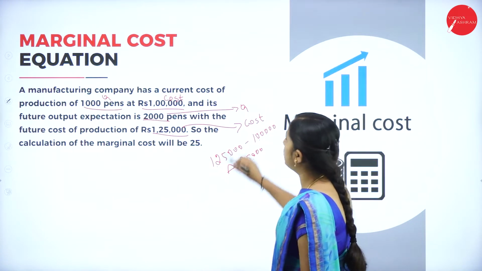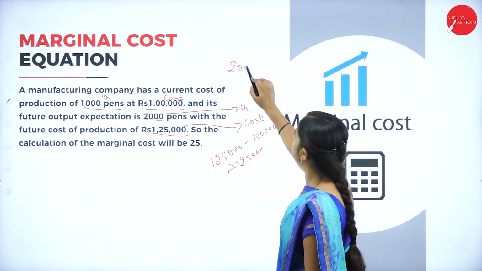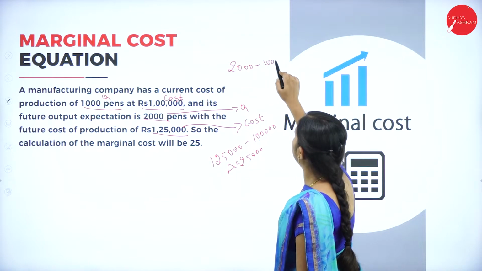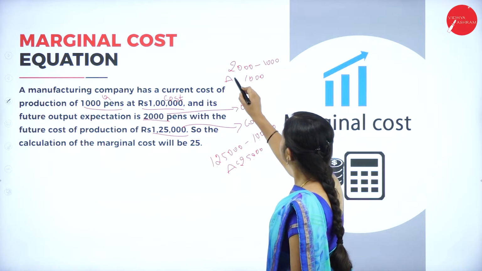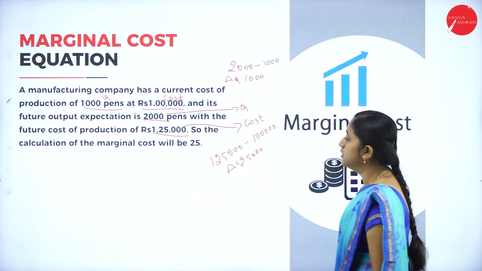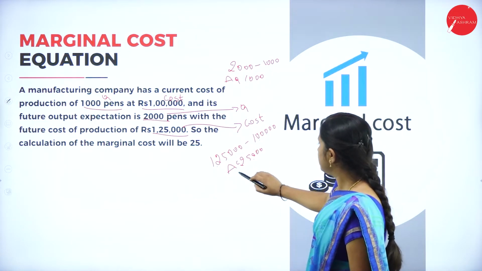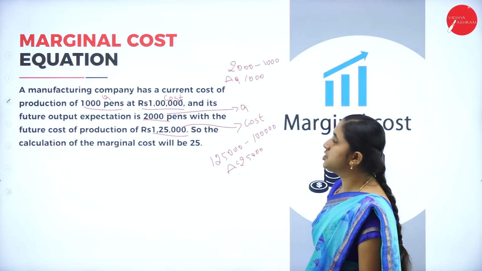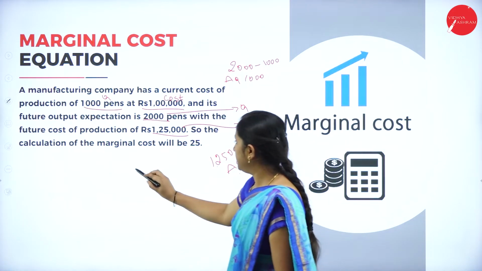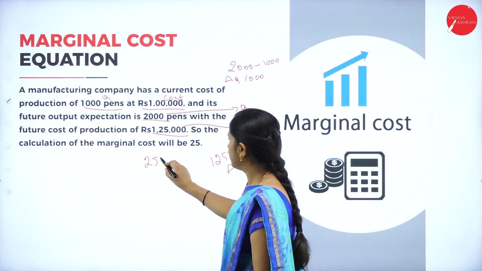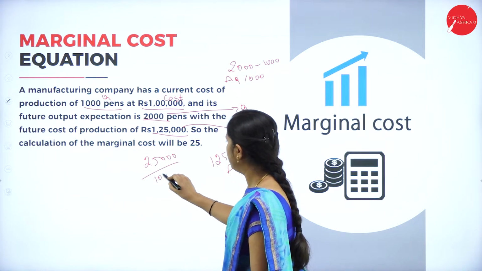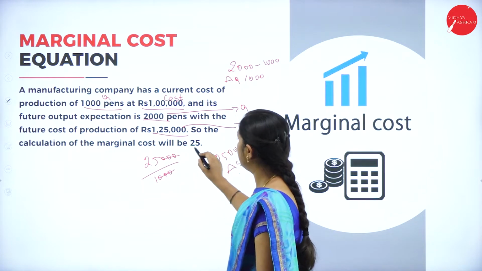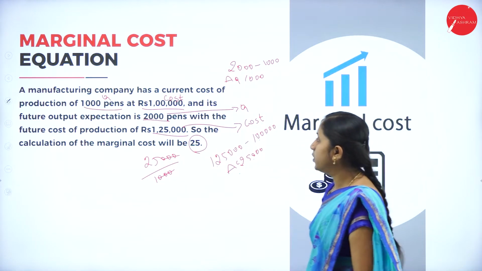Then the change in quantity: quantity is 2000 minus 1000, the result is 1000. 1000 is the change in quantity. So, marginal cost is change in cost divided by change in quantity. That means 25,000 divided by 1000. So, the marginal cost is 25.